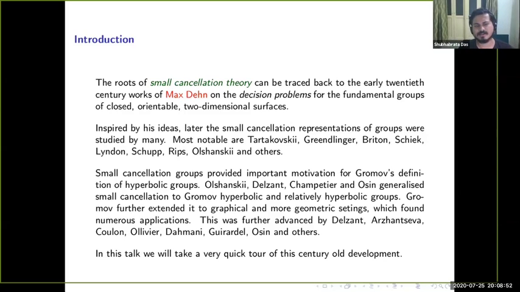Later on, these ideas were picked up by various people, and here are a few names: Tartakovsky, Greendlinger, Britton, Schupp, Lyndon, Rips, Olshanskii, and others. Greendlinger proved a theorem which Max Dehn had proven in the surface group context. He proved it in a much more general context, and there started the theory of small cancellation, I would say.